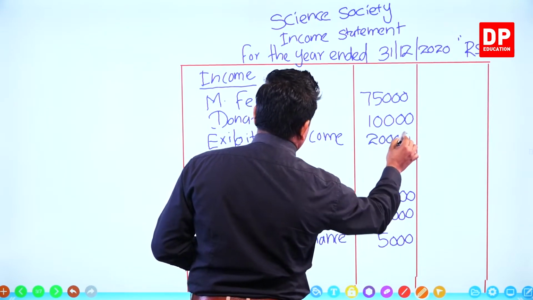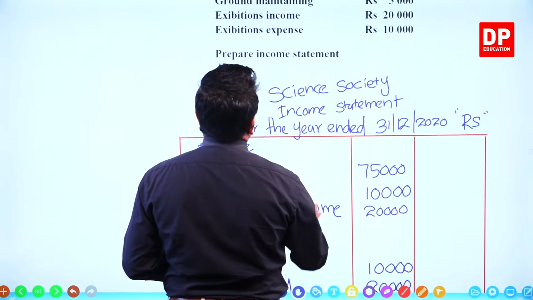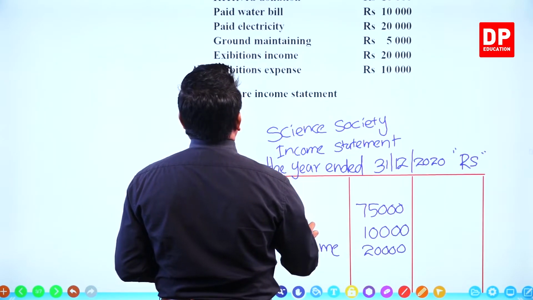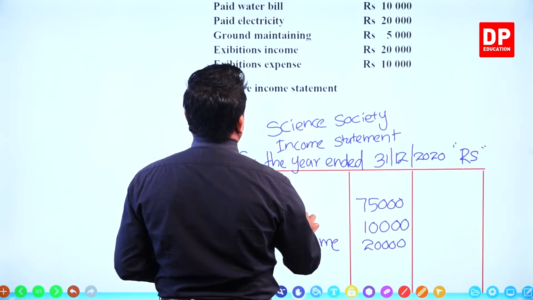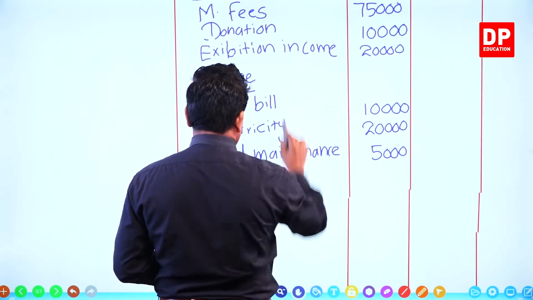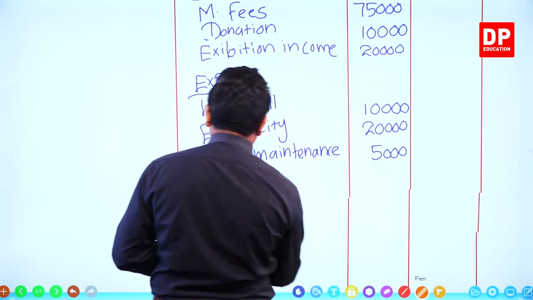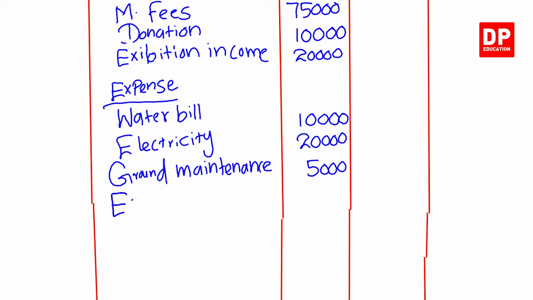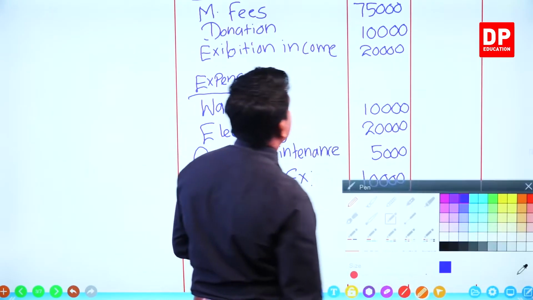What's the last one? Exhibition expense 10,000. Now it's finished, no additional information, then you get the total, right?